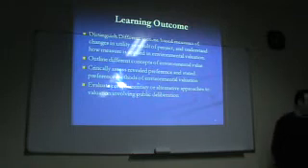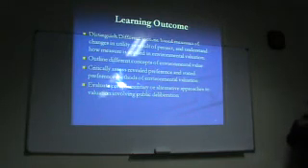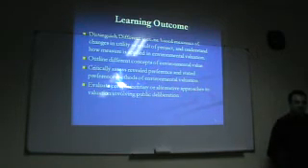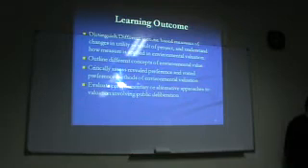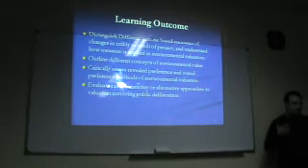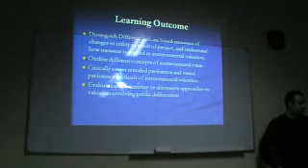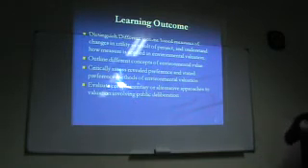Two, outline different concepts of environmental value. Three, critically assess the revealed preference and stated preference methods of environmental valuation. And finally, evaluate complementary or alternative approaches to valuation involving public deliberation.